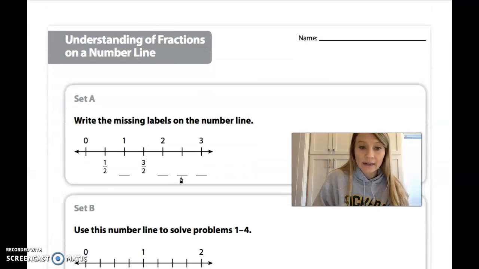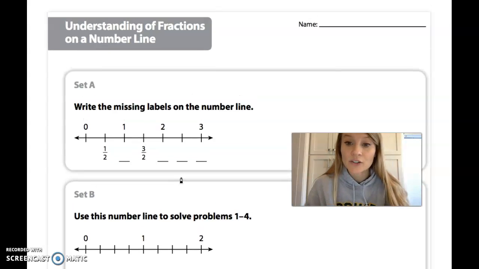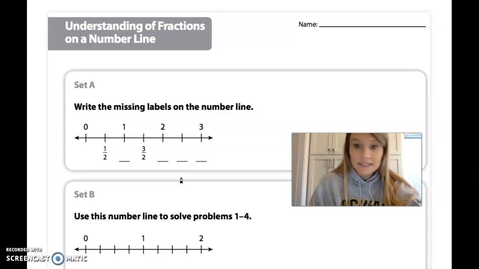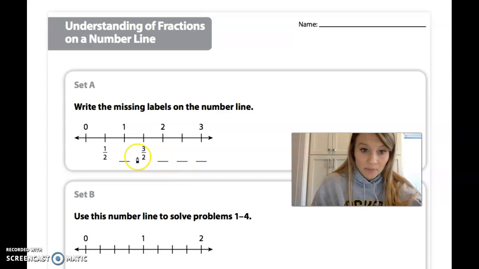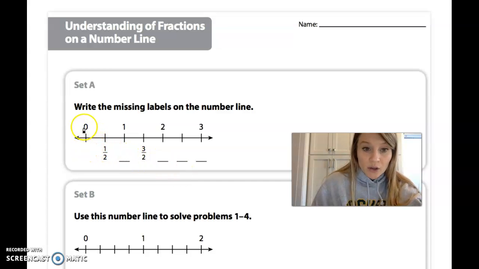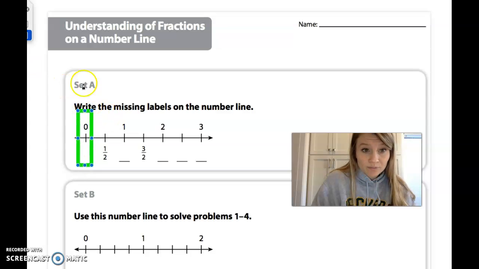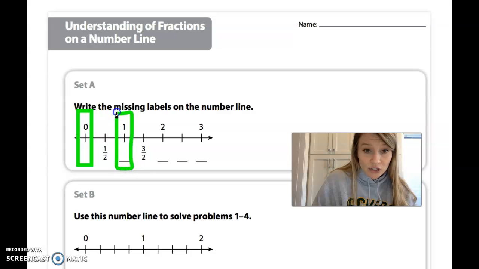Now for 29, you're still doing fractions, but this time we're going to be doing fractions on a number line, which we did all the time in class. So let's look right here. We have our whole numbers 0, 1, 2, and 3. And just like in class, I'm going to box my whole numbers because that's a good practice of getting into.